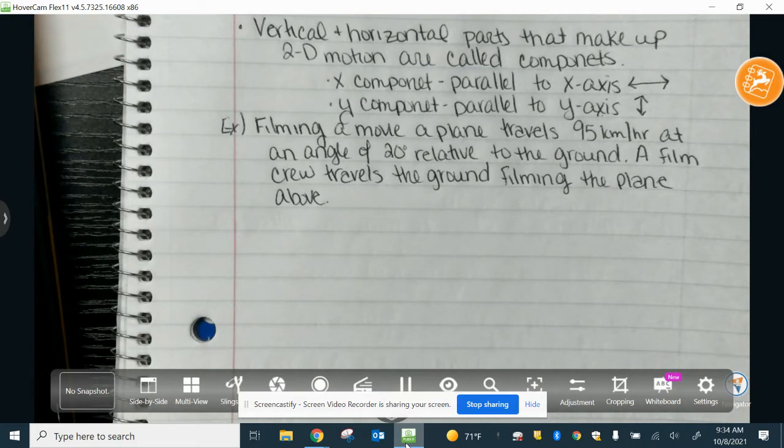What velocity must the truck maintain to stay directly below the plane?